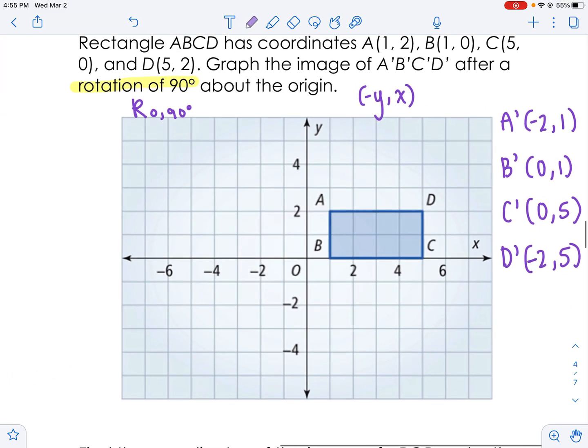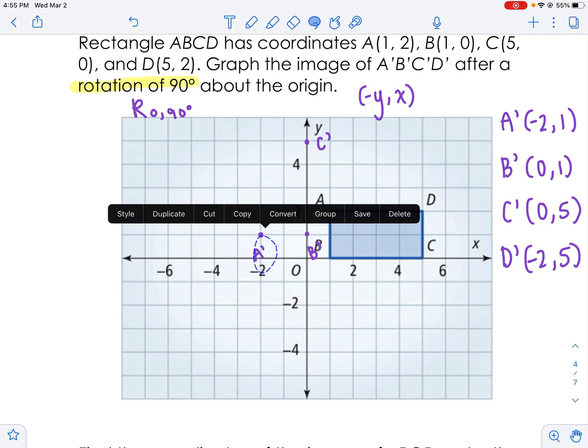And now I'm going to go graph these points. So A prime's at negative 2, 1, which is left 2 up 1. B prime's at 0, 1. C prime's at 0, 5. So those don't go left or right at all. They just go straight up and down.